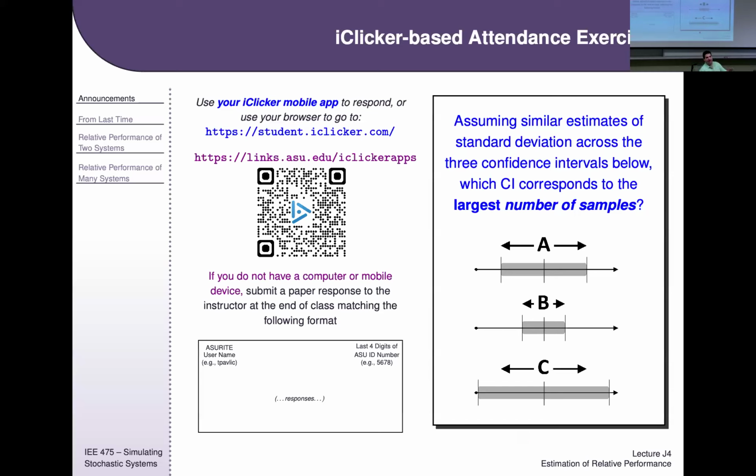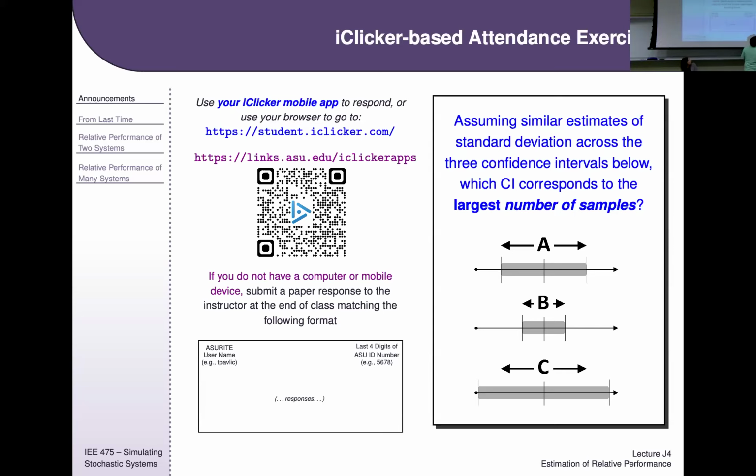I've got the same population, let's say the same simulation, but I've sampled it a different number of times. Which of these confidence intervals, A, B, or C, where A is intermediate, B is smallest, and C is largest, corresponds to the largest number of samples, given that the variance is the same across these? So go ahead and click in your answer.